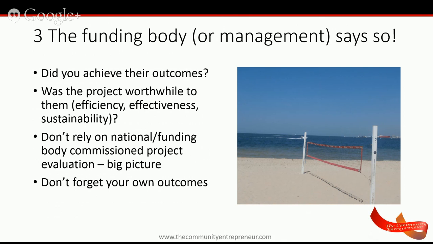That's their key priority. They are looking to see that you will put in an application and say, these are the outcomes that we want to achieve, these are your outcomes, and they want to see that the project you have delivered is working towards delivering their outcomes. And if you haven't, your project may be going in a completely different way altogether, and therefore it's not going to be eligible, it's not going to remain the project that they wanted, and you could run into some problems with funding.